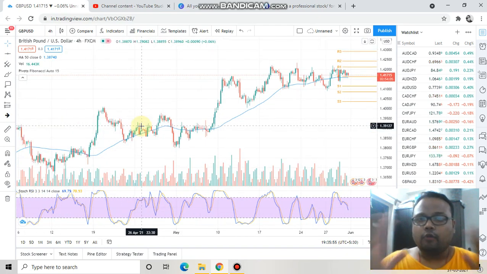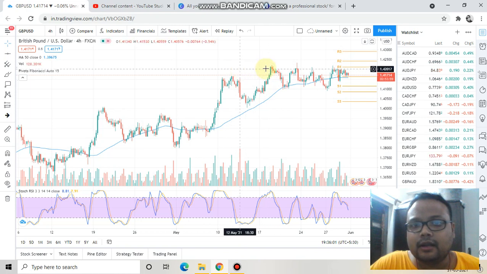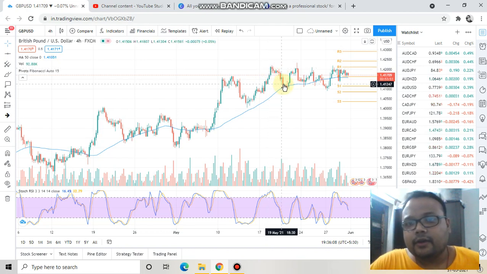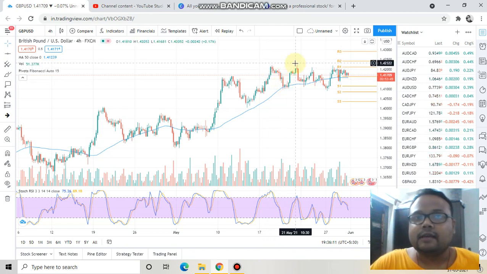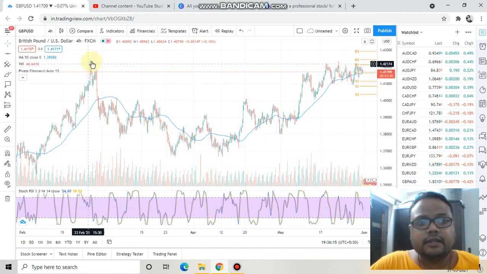See, overall the market was in an uptrend, the market was going up, but once the market hit this particular level, it could not go up, rather it came down. Whenever the market tried to go up again, it faced resistance and came down, because see, this was the resistance I was talking about on the weekly chart.